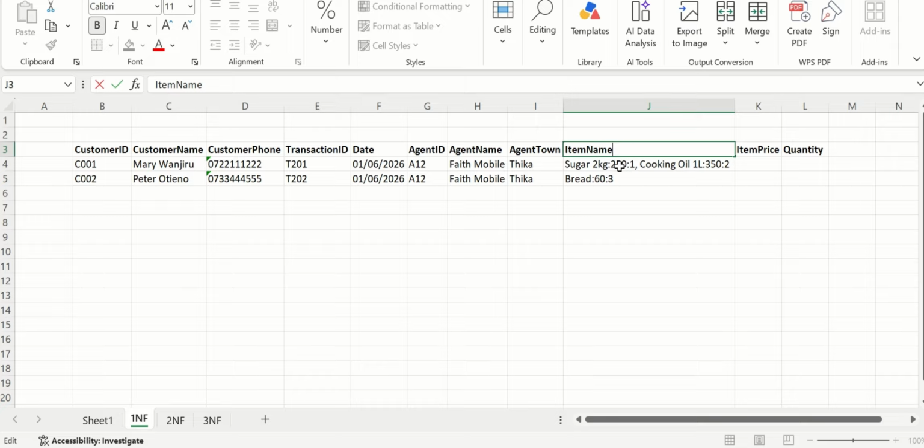So we are going to separate these things into their respective cells. Let's start with the sugar 2 kg. This is the item name, so it will just remain in this cell. Then 250 is the item price, so we are going to put 250 here.